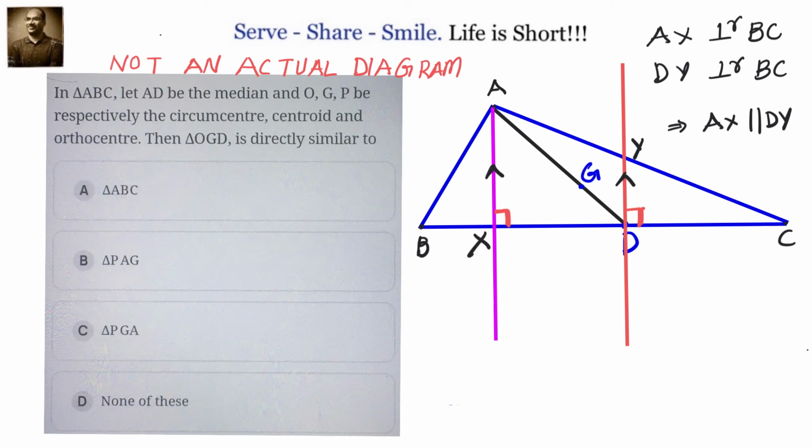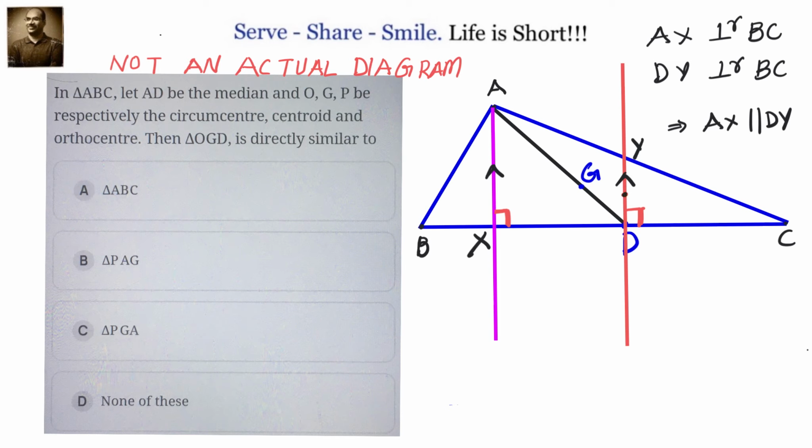With whatever work we have done, we know that orthocenter will be a point on this line and circumcenter will be a point on this line. So let's take some points there. This point is our circumcenter.